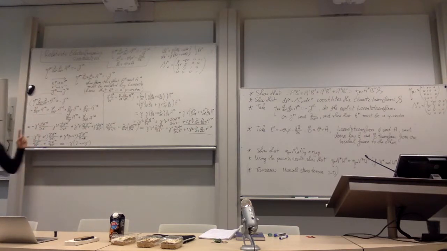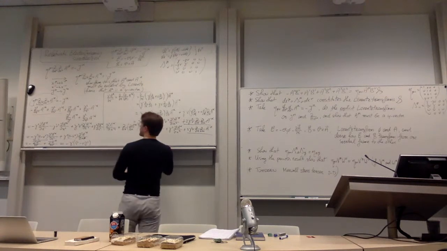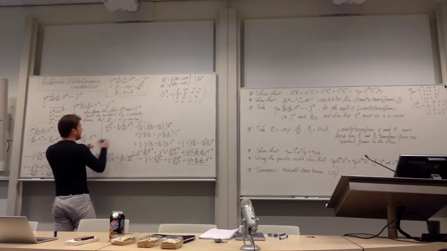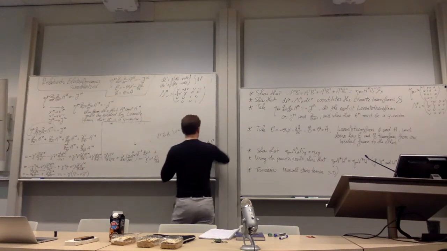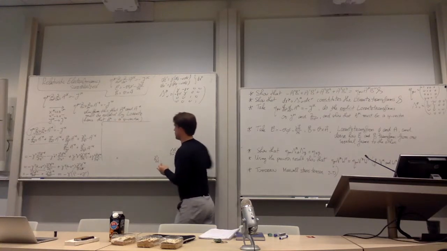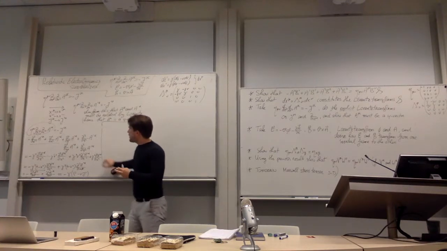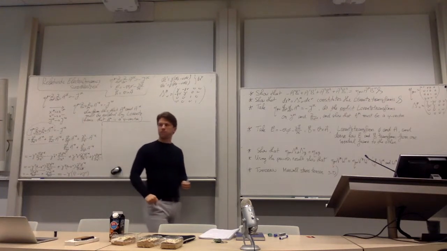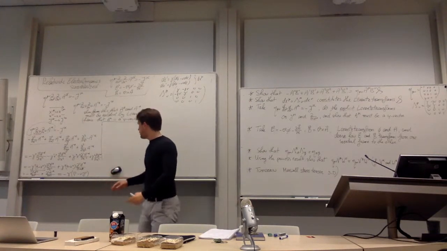Now the question was, show that in order to make this work, these A primes have to be related to the non-primes via Lorentz transform. That was the question. I'm going to erase this because I'm going to continue over there. So again, what we've done, we've taken an equation that we know holds in some guy's Lorentz frame, transferred it to some other guy's Lorentz frame, and we get this.